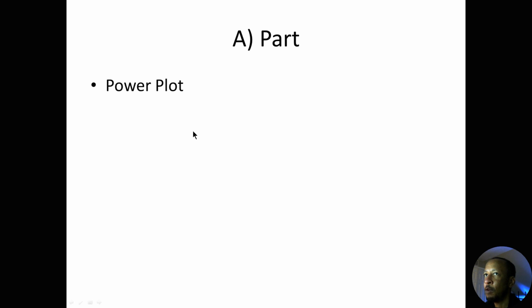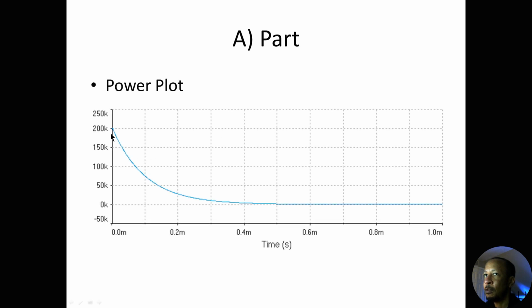So let's take a look at a power graph next. That power plot looks like this. It starts off at 200k, and then it decays to approximately 0 watts. And 100 microseconds is going to be 0.1 milliseconds. At 100 microseconds, it's between 50k and 100k.